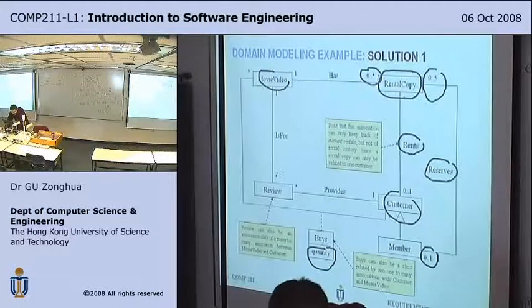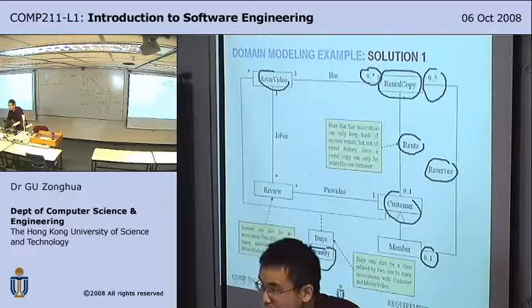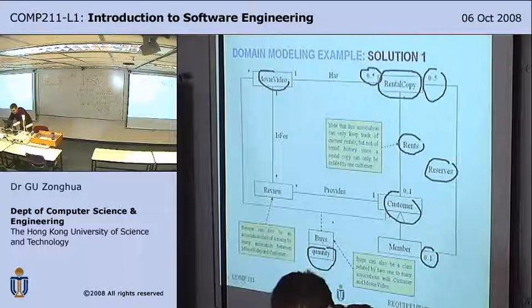Review. So review here, we put it as a separate class with 2 associations. One is to movie video, one is to customer. While buys is an association class on the customer movie video association.